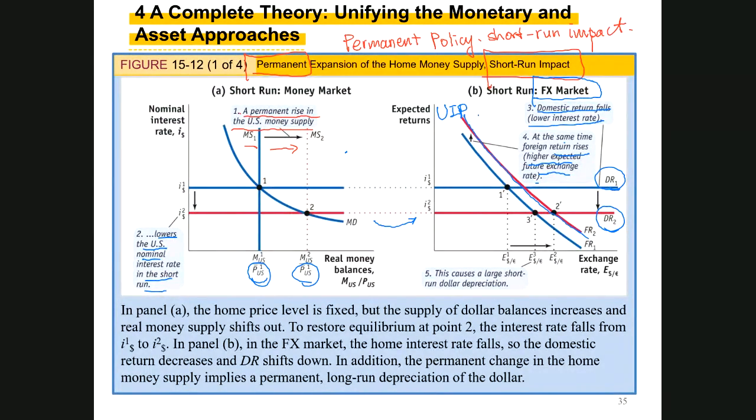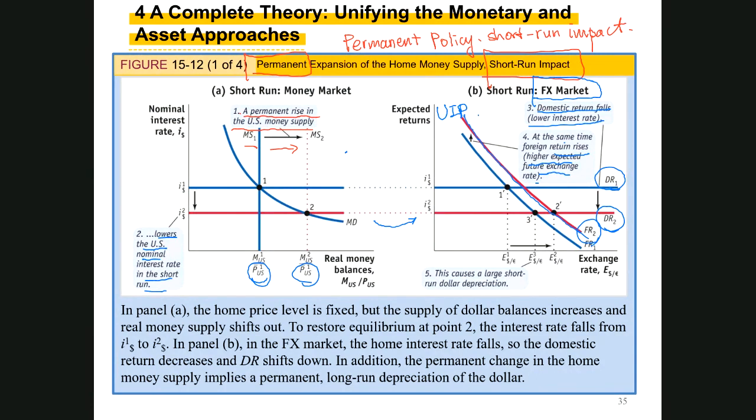Okay, so you see now the permanent policy versus the temporary policy, the difference is what? The change of the foreign return, right? So if the Fed just announced that they are going to use QE forever, people will believe that holding the US dollar is not a good investment because the US dollar will depreciate in the future as the theory predicts, right?